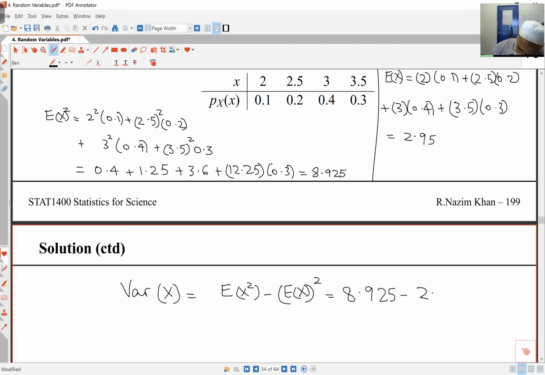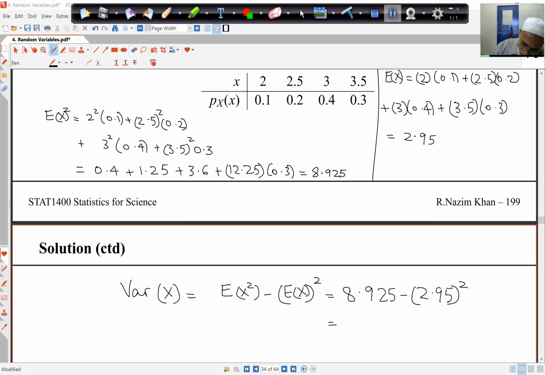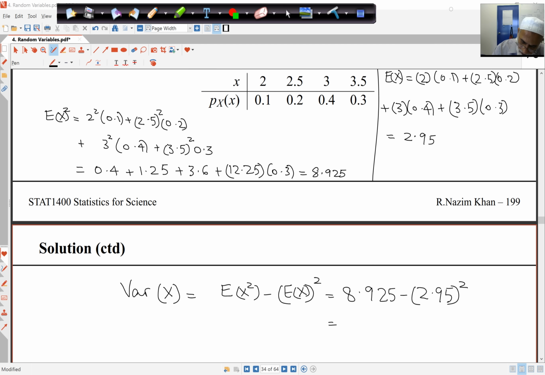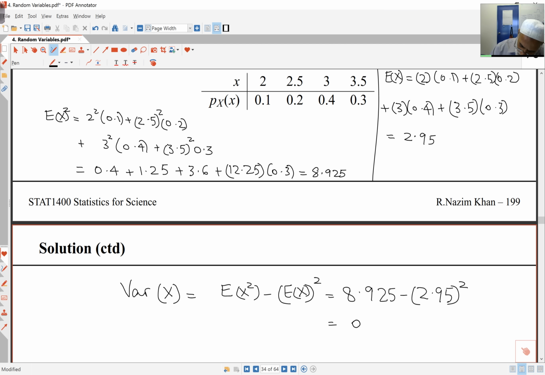And the mean is 2.95. Square that and calculate that. And if I do that, what I'll get for the variance is 0.225.